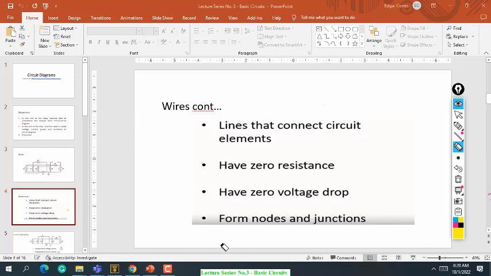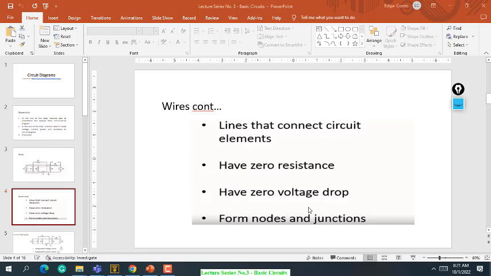Okay, so as we go along, because this is basic pa man. And then we have also another form of nodes and junctions. I hope it's clear to everybody unsa ni nga wire in a basic circuit diagram. Please note that the lines that connect the circuit elements, except the circuit elements themselves, are wires, and we treat wires as zero resistance.